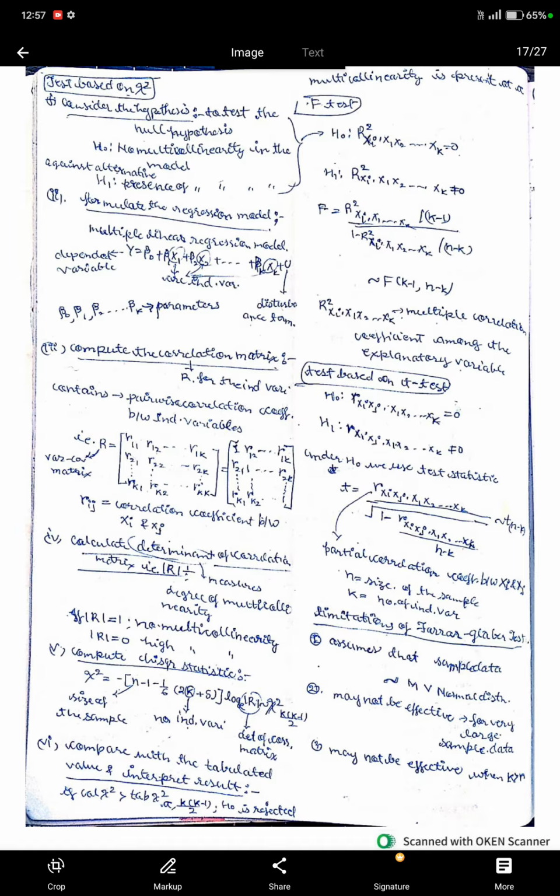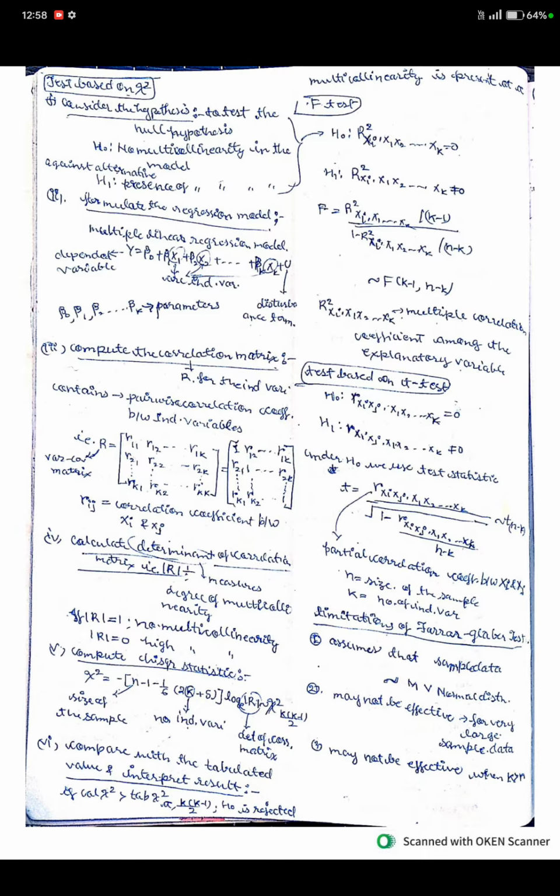Third, compute the correlation matrix R for the independent variables. It contains pairwise correlation coefficients between independent variables.